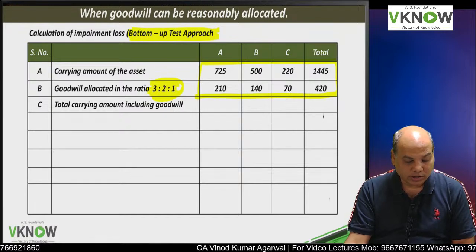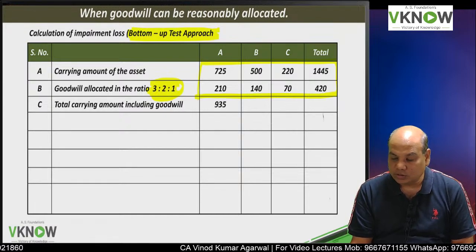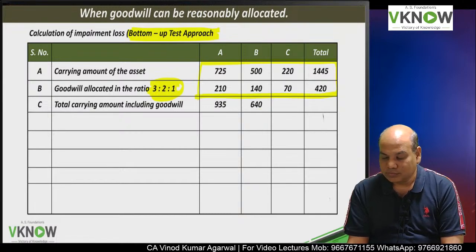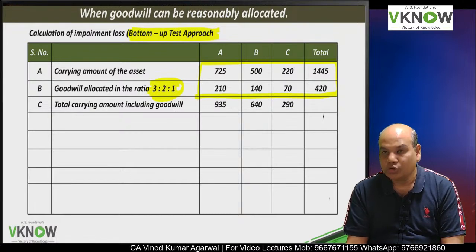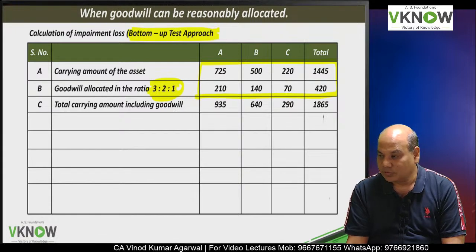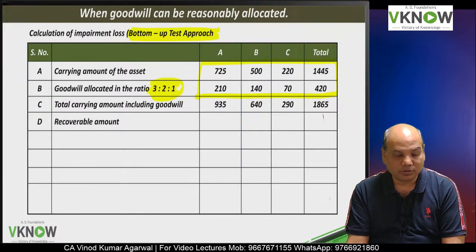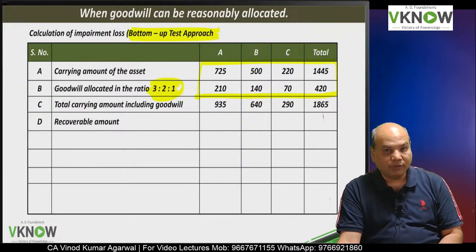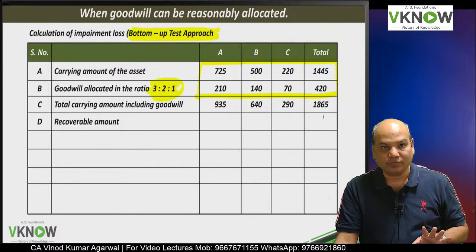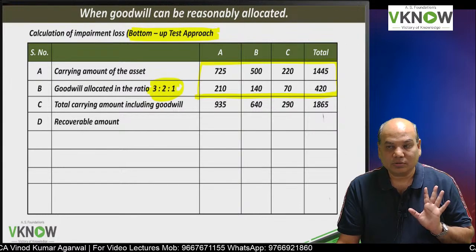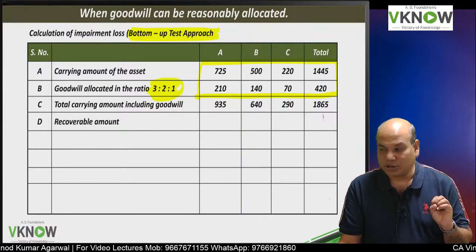First you will write, then I will check. Total carrying amount including goodwill is 935, 640, 290, 1865. Recoverable amount: they have given you the recoverable amount only for unit A, because they think that unit A might be impaired. Other units, they don't think they are impaired.